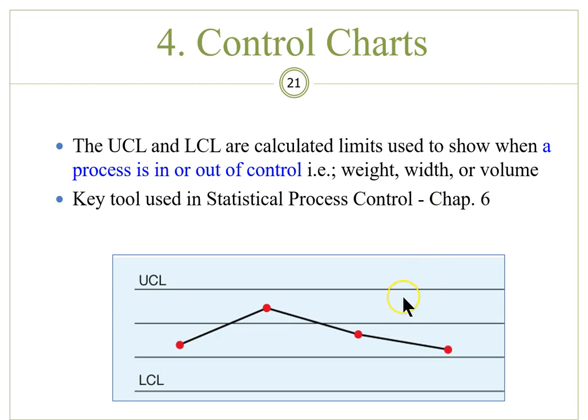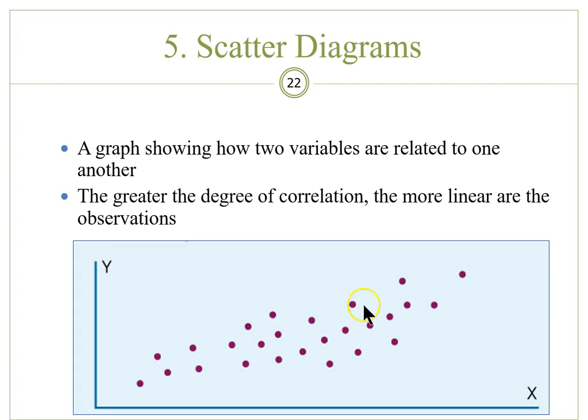So we'll be coming back to a control chart. So you really want to familiarize yourself with it. Then you also have the scatter diagram, which is a graph showing how two variables are related to one another, right? So the greater the degree of correlation, the more linear are the observations.